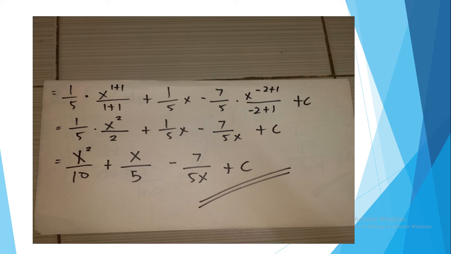So, 1/5 times x squared over 2 plus 1/5 x minus 7 over 5x plus c. So, our final answer is x squared over 10 plus x over 5 minus 7 over 5x plus c, where c is an arbitrary constant.